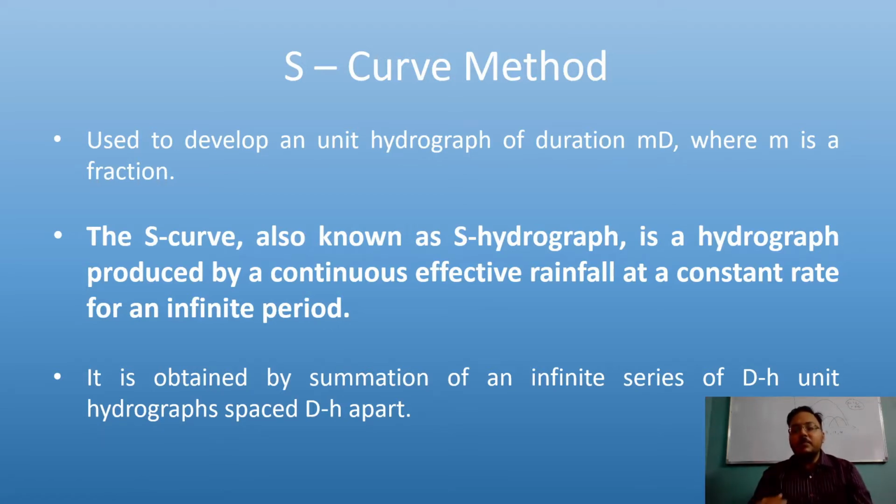Whenever we solve problems related to the S-curve or S-hydrograph, you will see that we will be continuously adding the ordinates of the hydrograph or the effective rainfall, and so we will get an increasing curve, and thus the S-curve is also an increasing curve. This is one thing you must keep in mind.